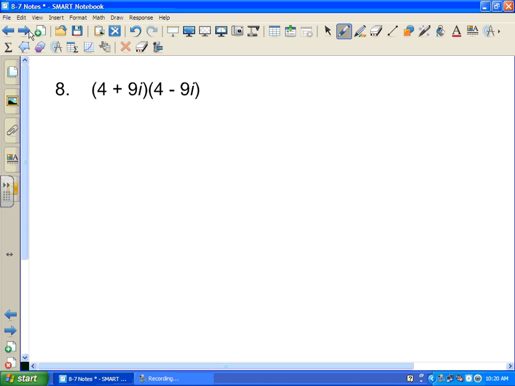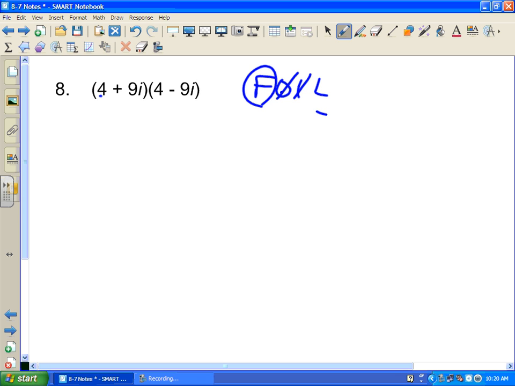4 plus 9i and 4 minus 9i. You can foil or you can take the shortcut. These are conjugates. The outside and inside will cancel each other out.